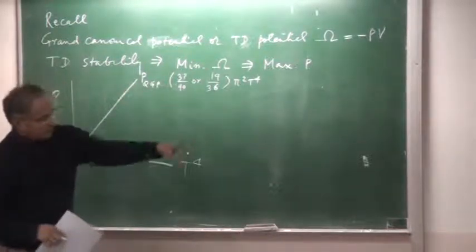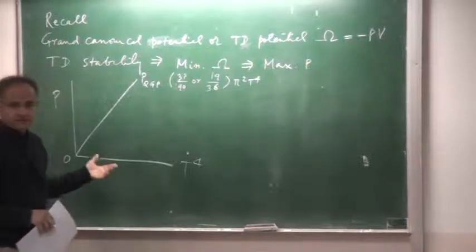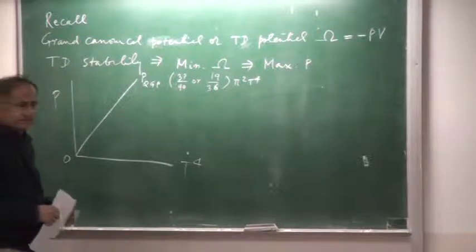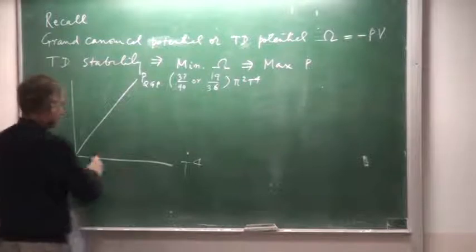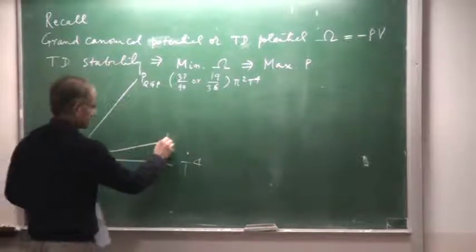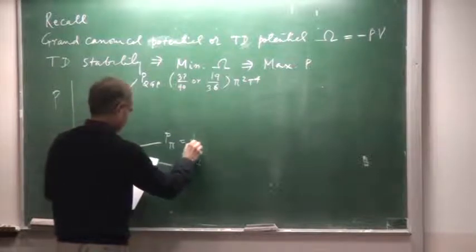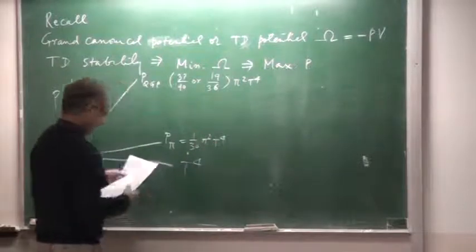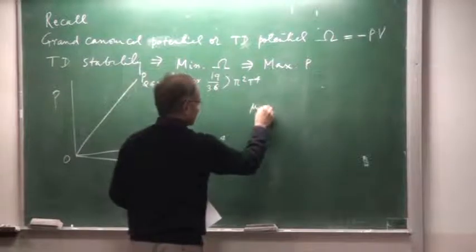Now what about the pion gas? That will also be a straight line. Where will it be? It will be much below this because the slope is very small, so it will be something like this. Of course, I am assuming mu to be 0.